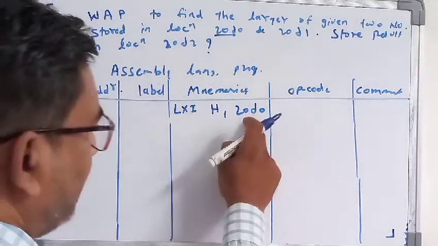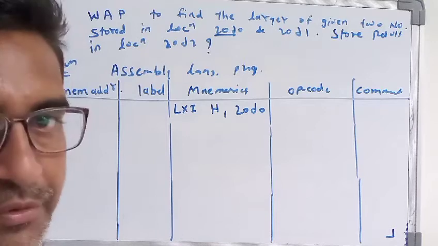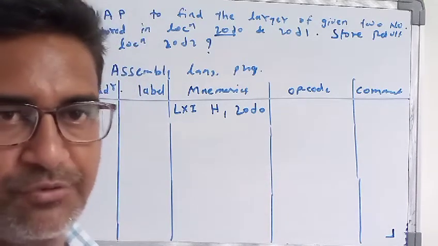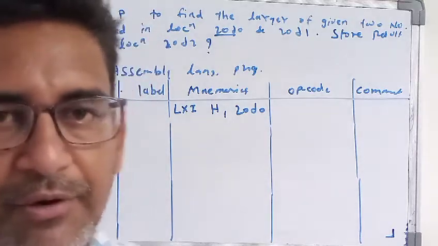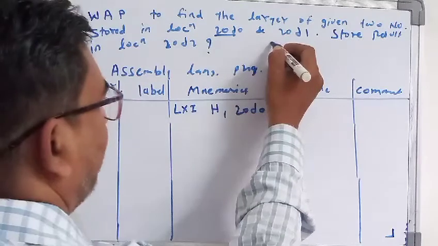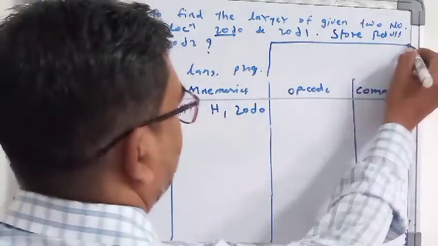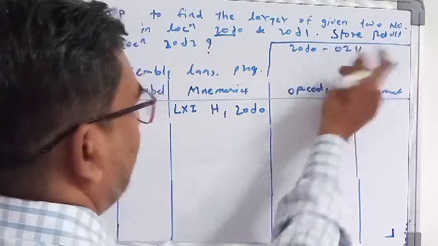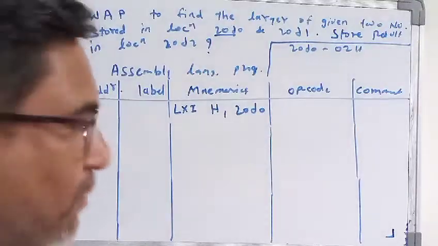On the kit we make the address 20D0 and then store the value 02. Sample program: 02 is stored in 20D0.